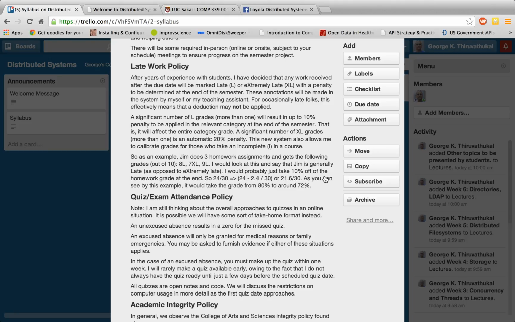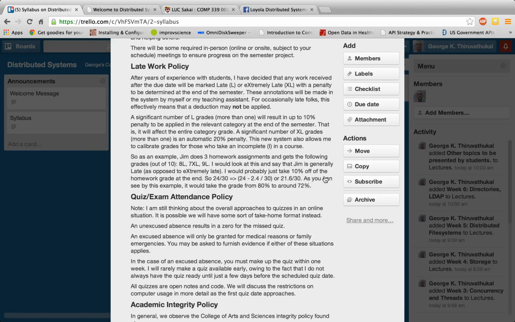Late work policy has changed from previous offerings, and this is going to be my new policy going forward in all classes. Beginning this year, I will be marking anything that's late as L and anything extremely late as XL. And what will happen is the penalty will be determined at the end of the semester.